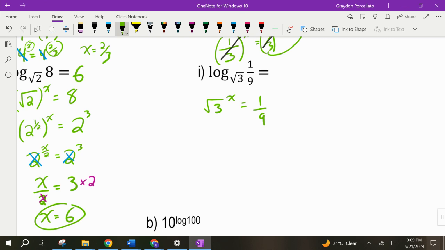So this is 3 to the power of 1 over 2 times x equals 1 over 3 squared.